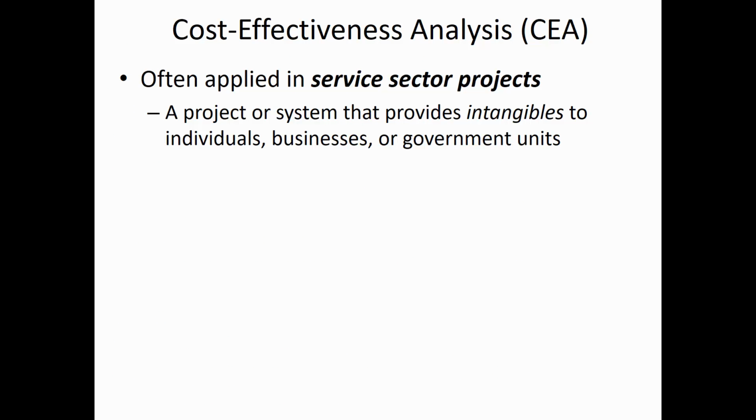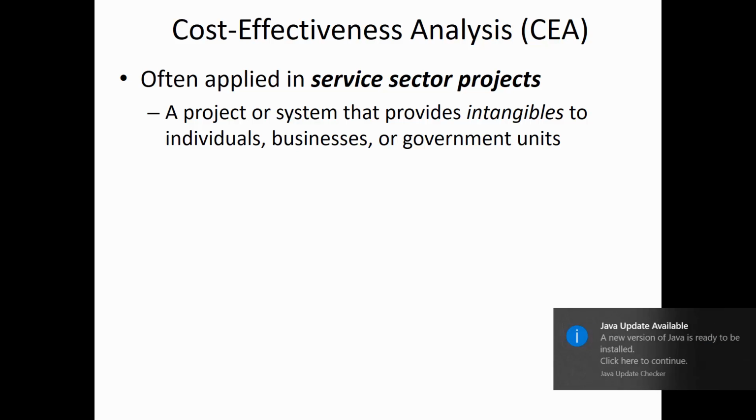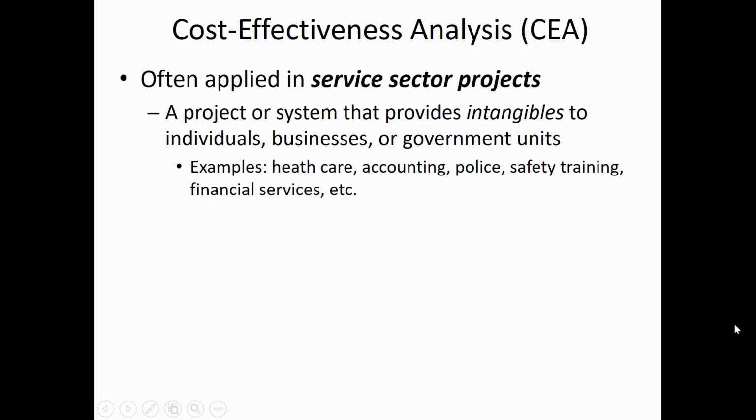Now, cost effectiveness analysis, remember that there are a lot of situations in public works or in government sector projects where there aren't profit incentives, but the services have to be provided. There may be some other way that they are contributing to society that justifies doing the project without generating profit. And so some of those intangibles that we're talking about may be health care, police protection, safety.